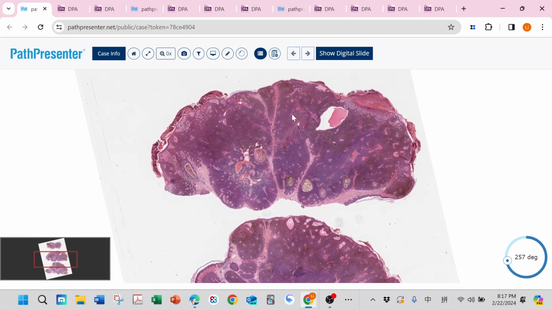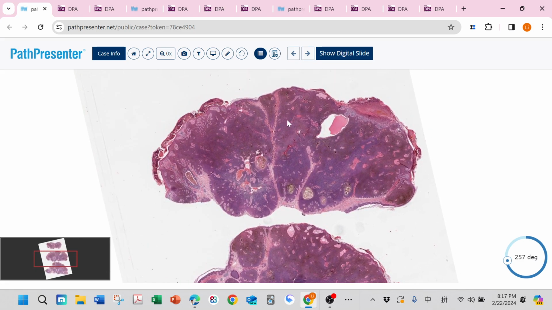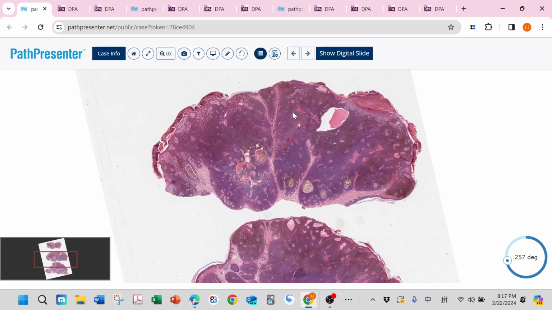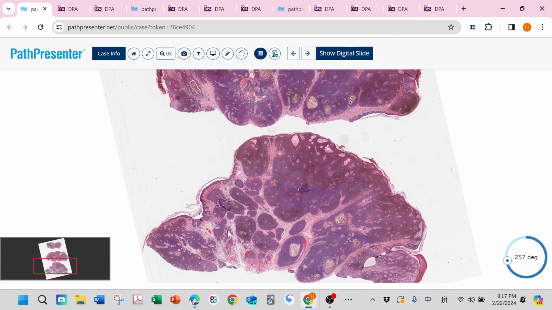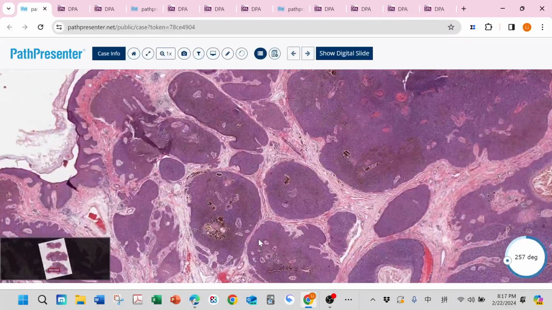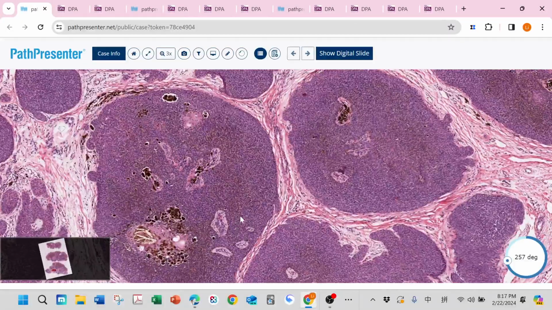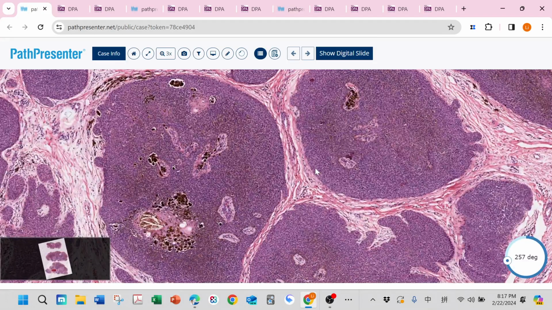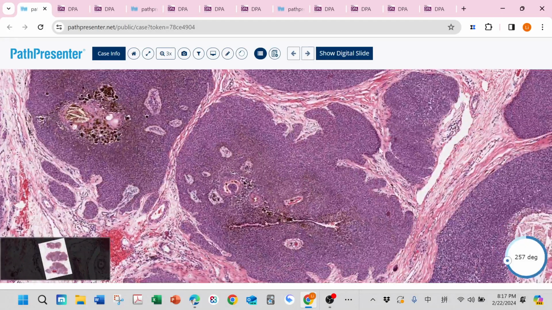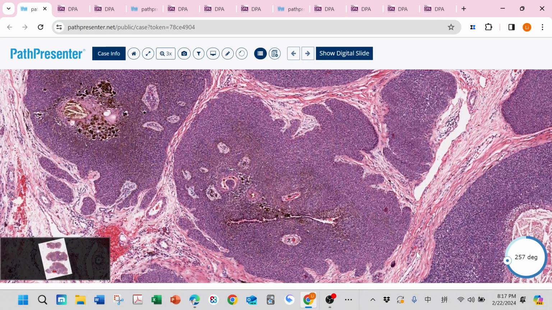You can see monotonous cells anastomosing and connecting to the epidermis, but we also can see this dermal component, and in this dermal component we can see sweat duct differentiation. So if you just see this dermal component, we will call this hidradenoma.